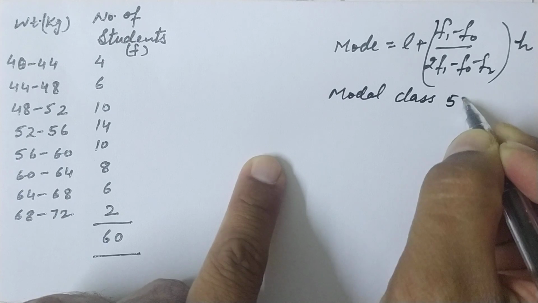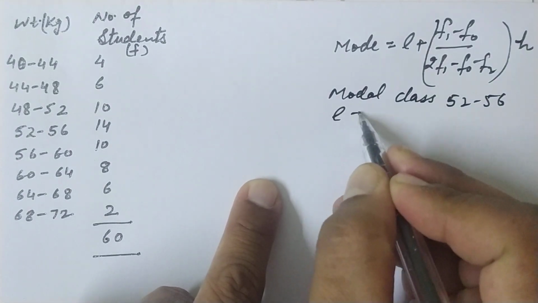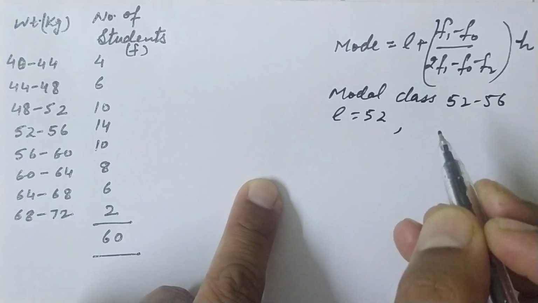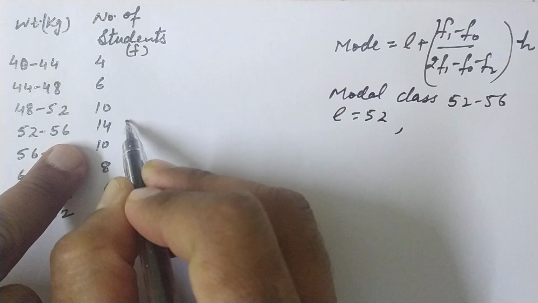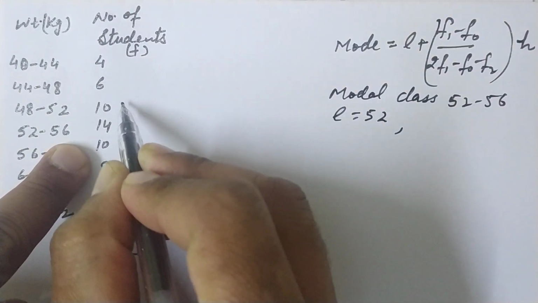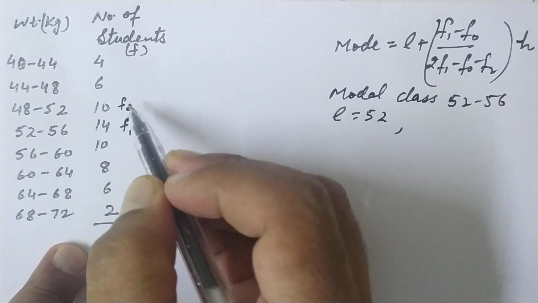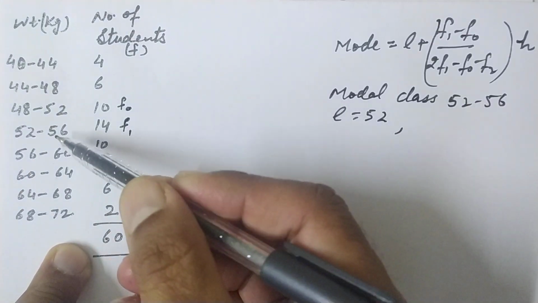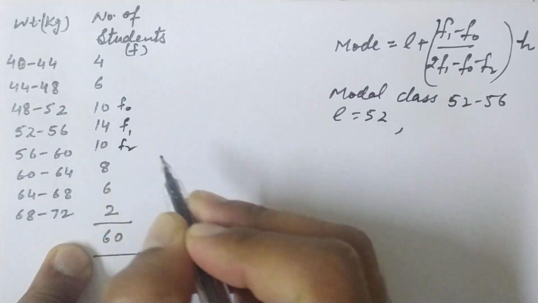So the lower limit of the modal class is L. So L is 52 here. F1 is the frequency of the modal class, F0 is the frequency of the class preceding the modal class, and F2 is the frequency of the class succeeding the modal class.